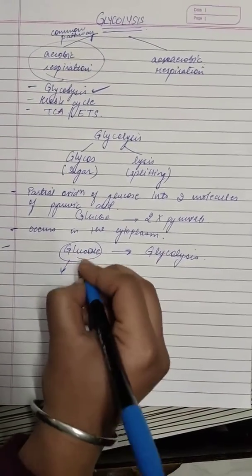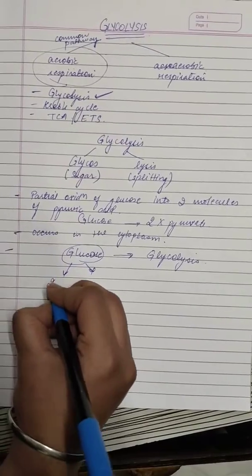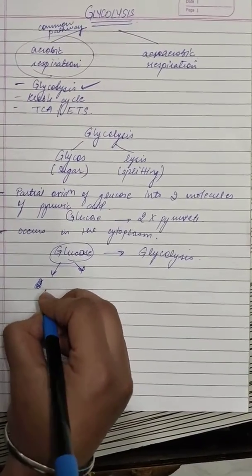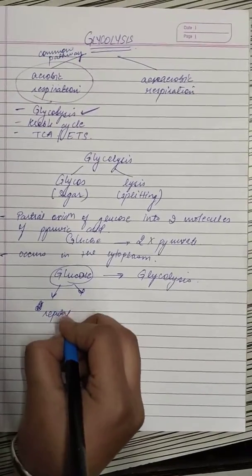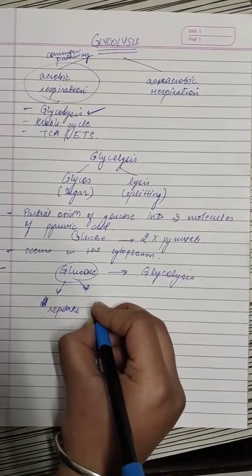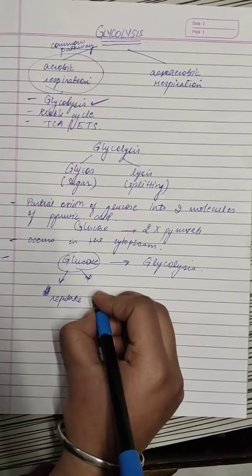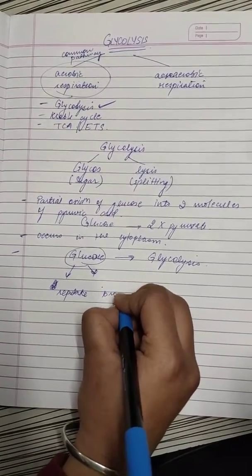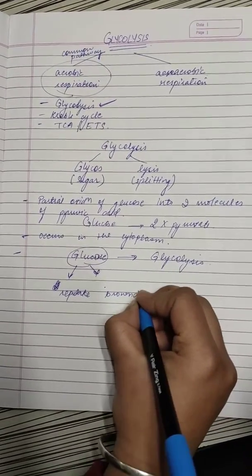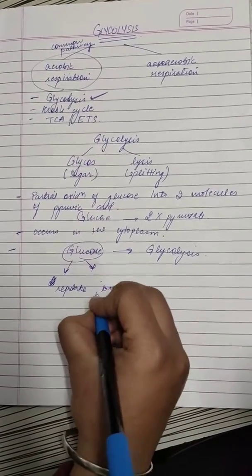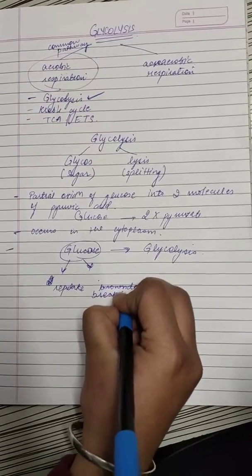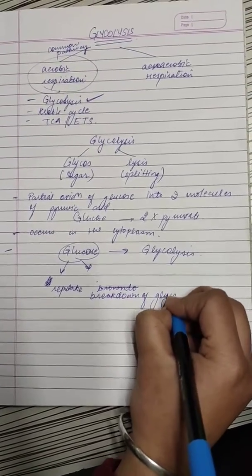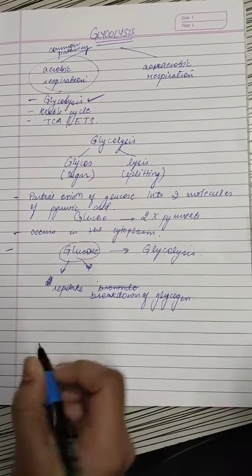Glucose is made available to our body by the regulation of glucose uptake and the regulation of breakdown of glycogen.